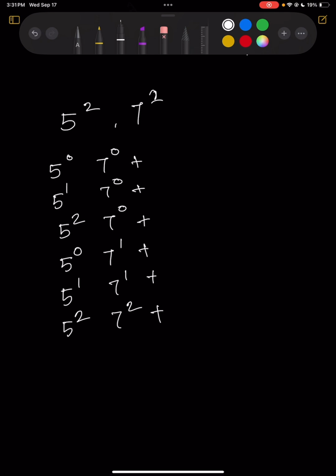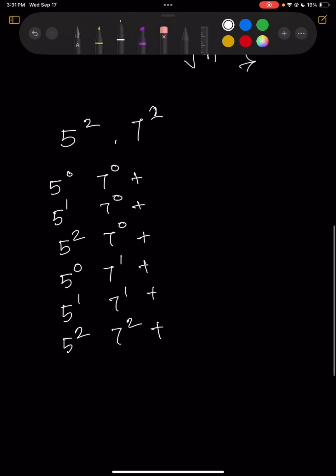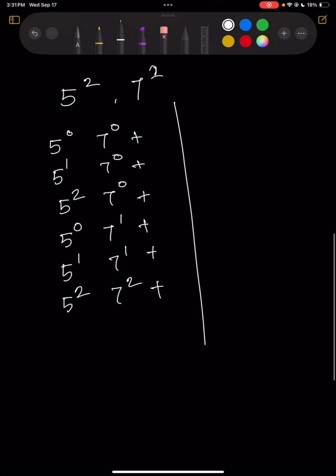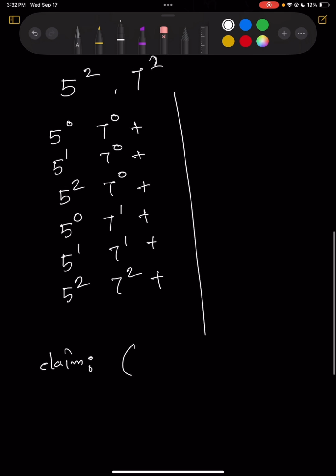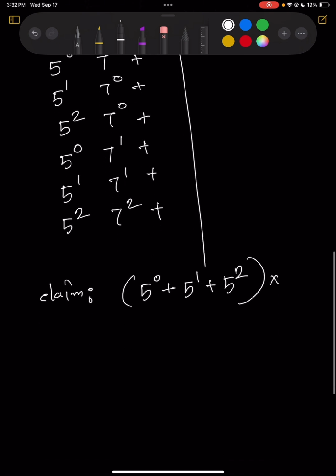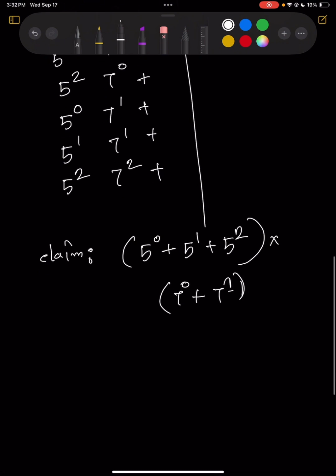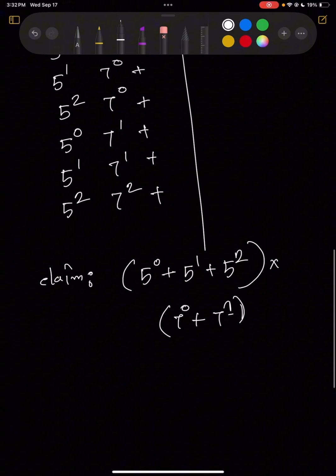So our claim is that the sum of divisors is (5^0 + 5^1 + 5^2) times (7^0 + 7^1). Let's see what it means.